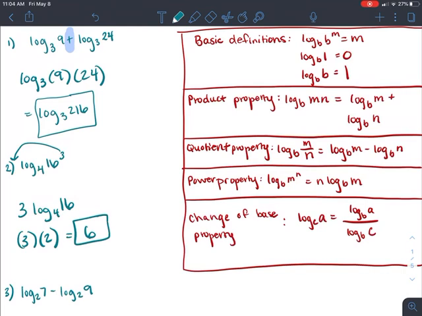The reason I was able to do that is, if you remember, we did 4 to the x equals 16, and 16 is 4 squared, so I would say x equals 2. And that's how I got 3 times 2.